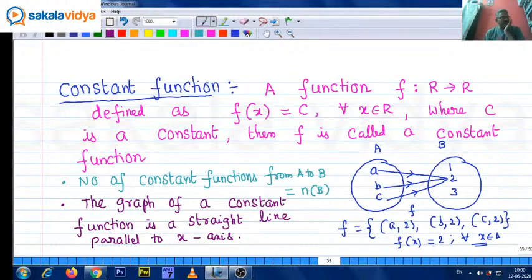So this is about the constant function. Right, three constant functions, correct.